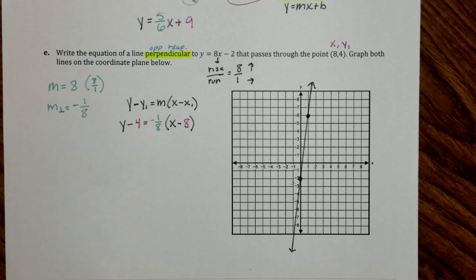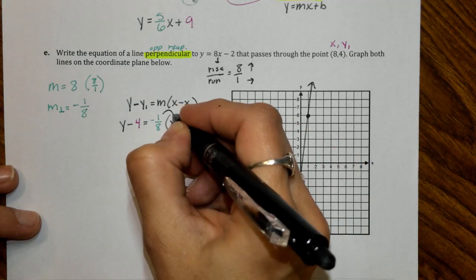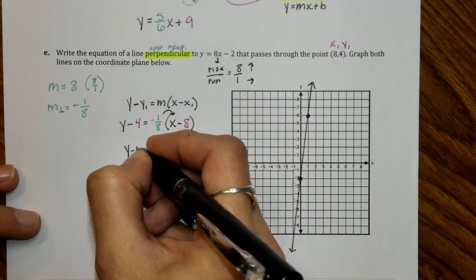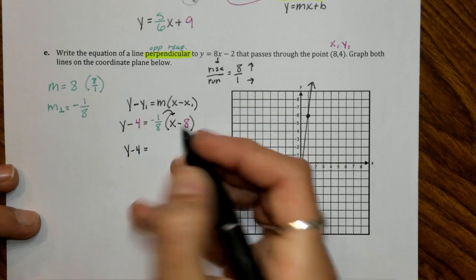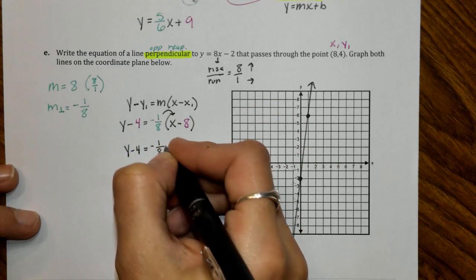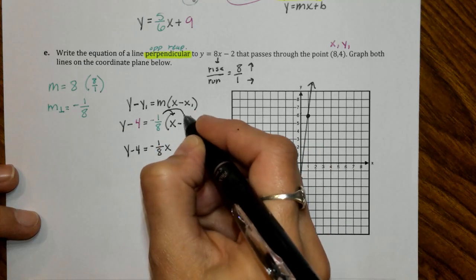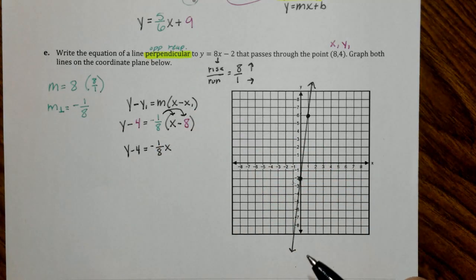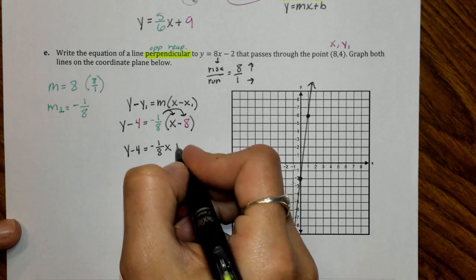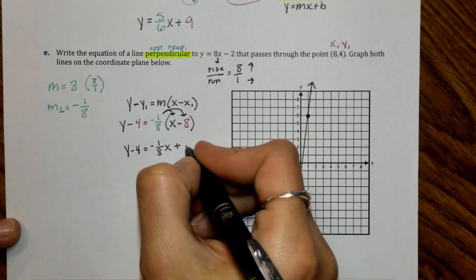When we go through and convert, the first thing that we need to do is go ahead and distribute. We're going to bring down y minus 4. Negative 1/8 times x, just negative 1/8 x. And then negative 1/8 times negative 8 is going to turn to a positive, and it ends up just being a 1.